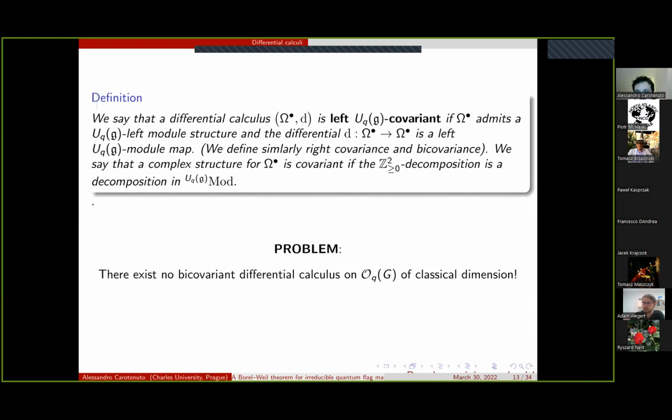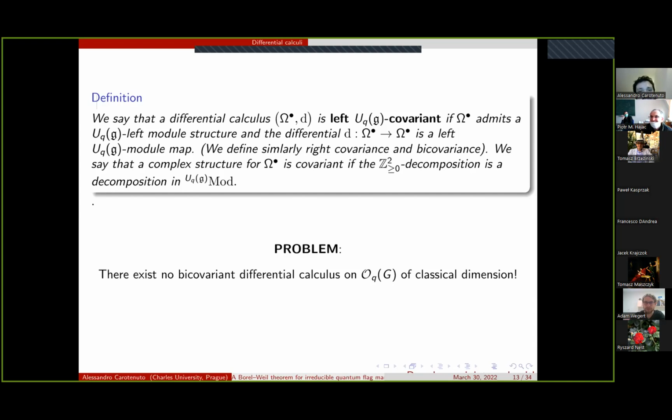So non-classical means that these two dimensions do not coincide, yes? Well, yes. I mean, Adam, think about it as a Lie group. G is a Lie group, so it's a manifold. So the de Rham cohomology has its dimensions, right? Right. I see. Thank you. This is a motivation.